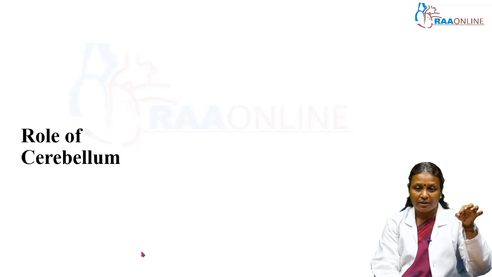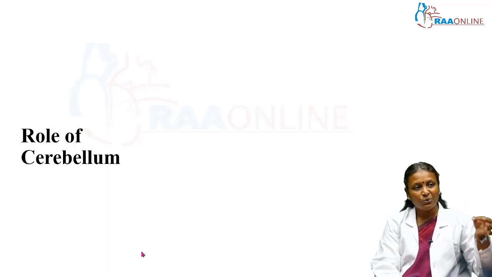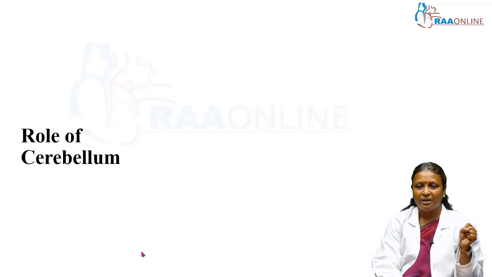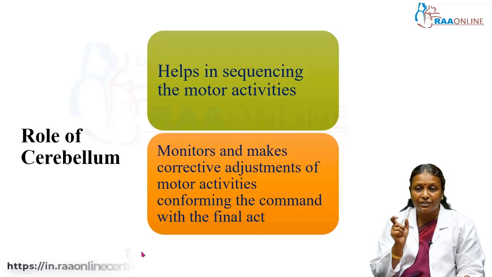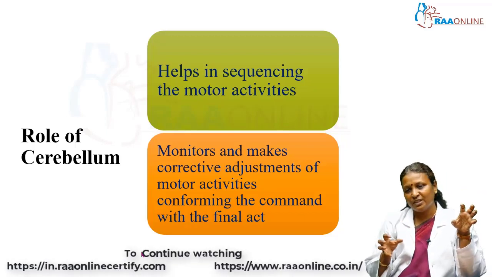Still, when stimulated, it does not produce any sensation, nor does it per se initiate a motor activity. Still, the role of the cerebellum is very important in motor activities. It helps in sequencing motor activities. It monitors and makes corrective adjustments of motor activity so that the command conforms with the final act.